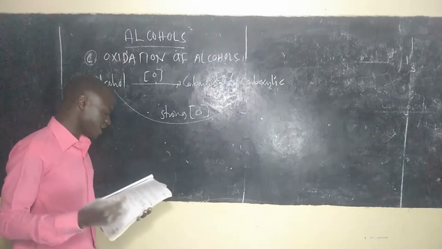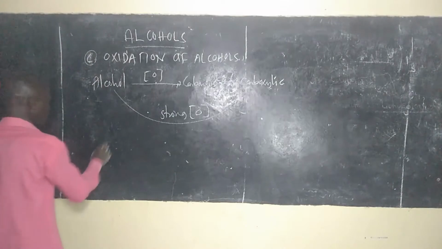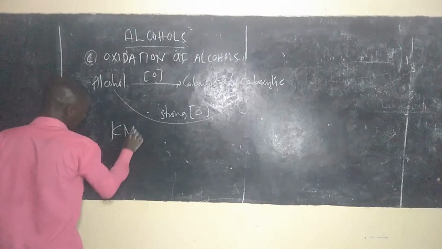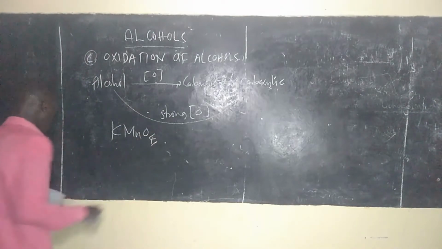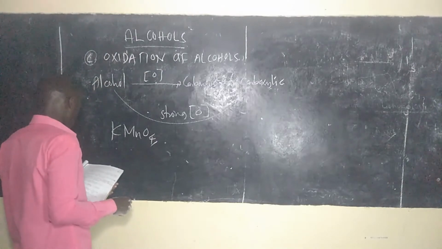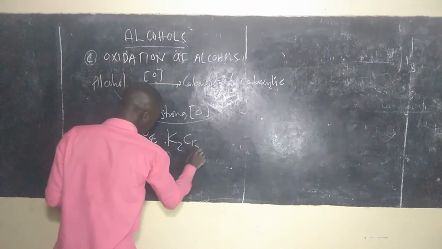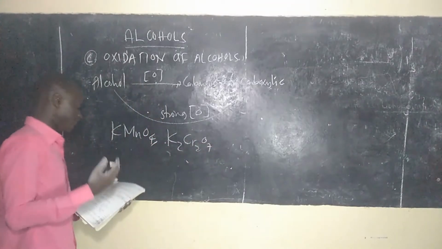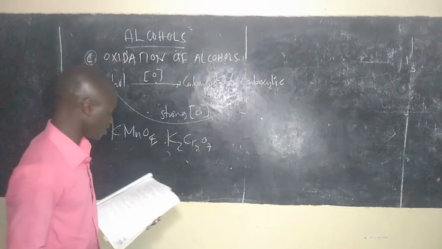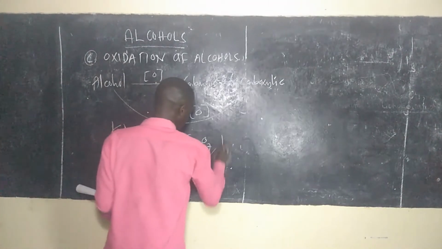We have strong oxidizing agent such as potassium permanganate, ambayo pia tuna potassium chlorate. Hii ni mfano wa strong oxidizing agent. And hydrogen peroxide.